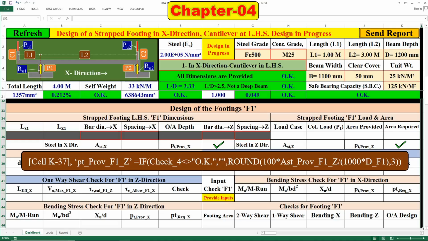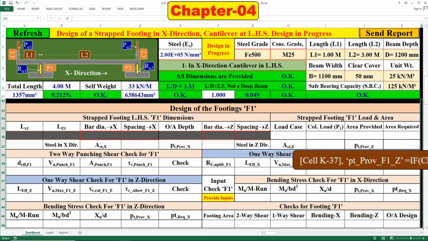The only difference is, instead of AST_PROV_F1_X, it will be AST_PROV_F1_Z. And since it is a pad footing, D_F1 will be same for both direction.